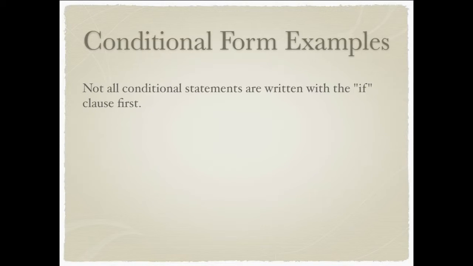Not all conditional statements are written with the if clause first. Some examples are if P then Q, that is the example that we learned. We can also say that P implies Q, P only if Q is true, and Q if P. So in this case, the then comes before the if.